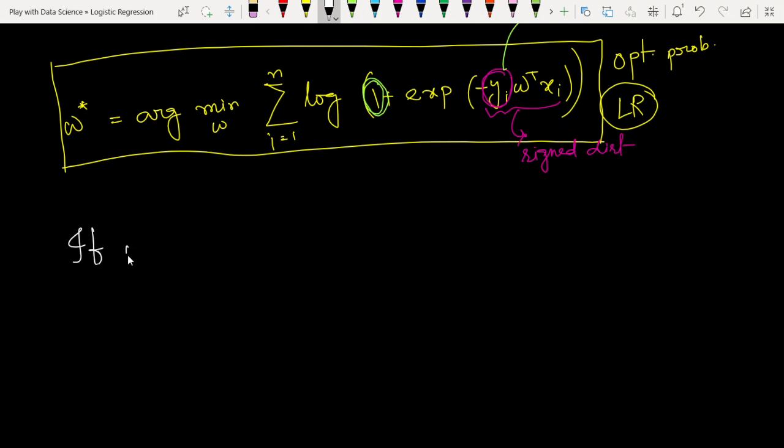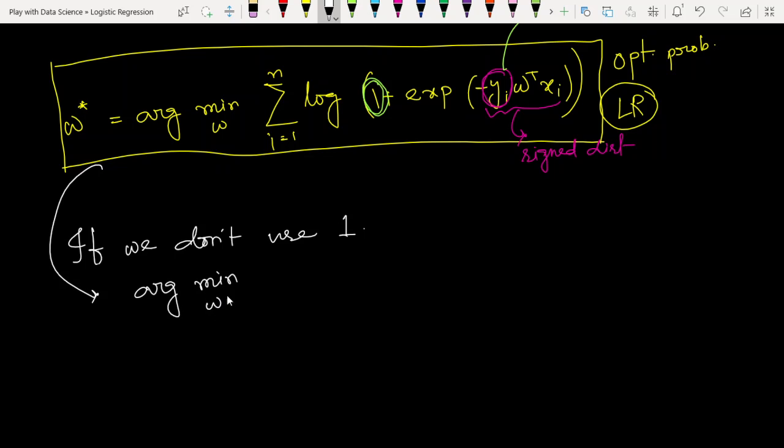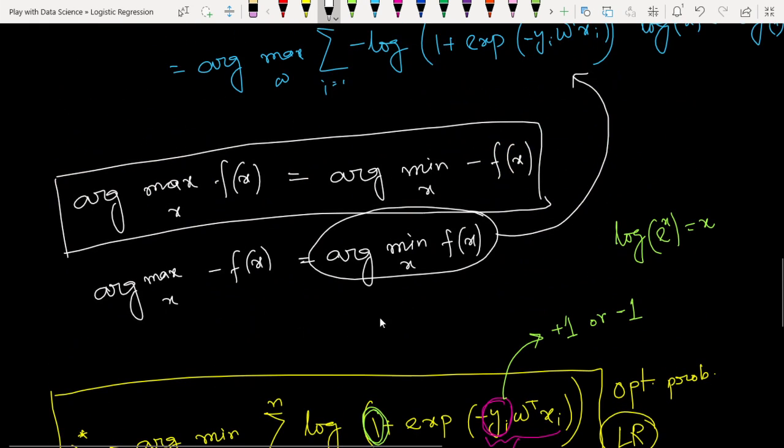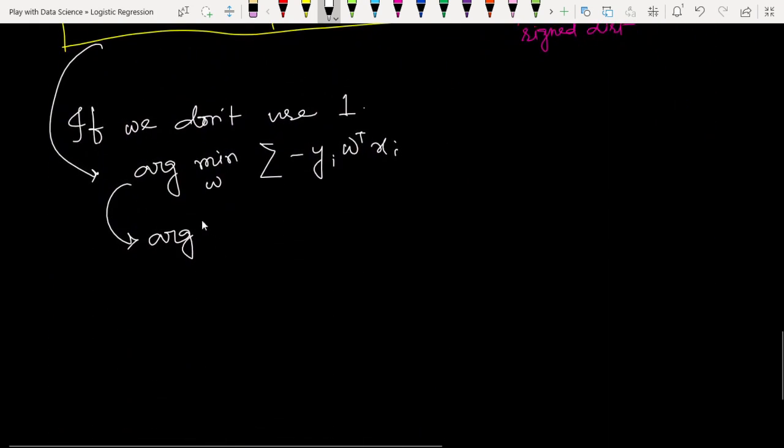If we don't use 1, then this function will convert to arg min over w, the logs will cancel each other out, giving minus yi w transpose xi. Using the above theorem, you will convert these equations as this.